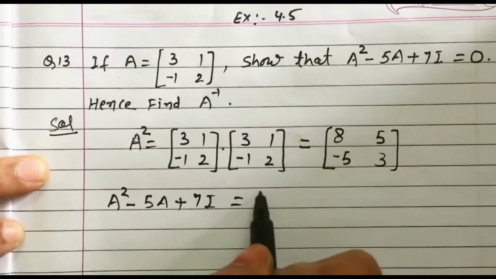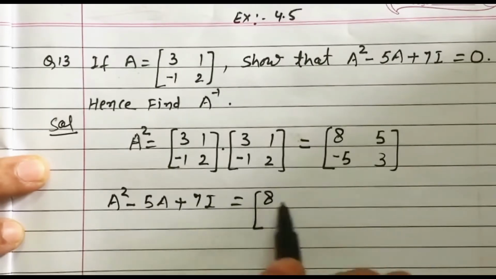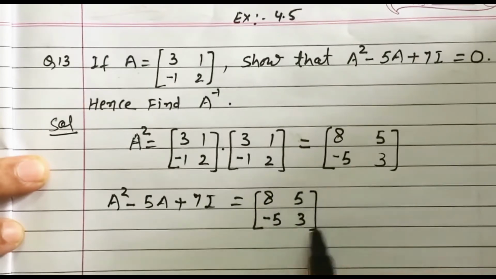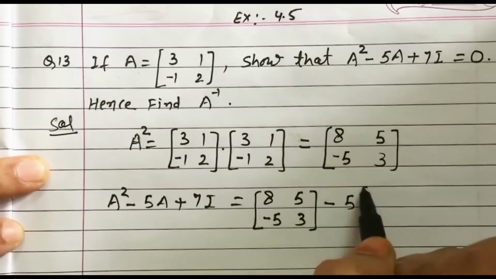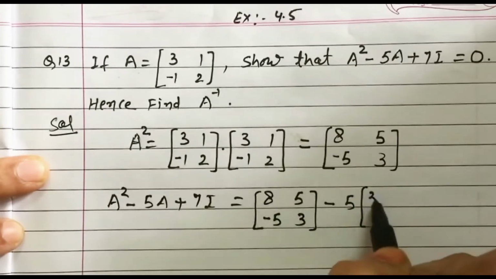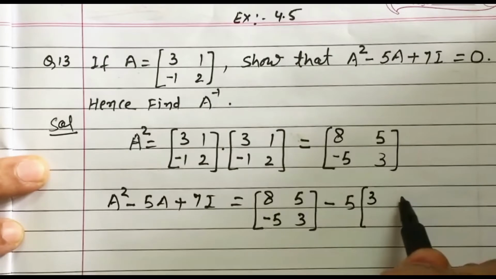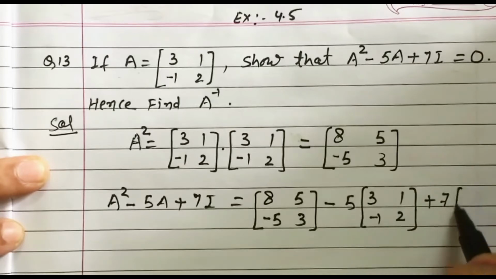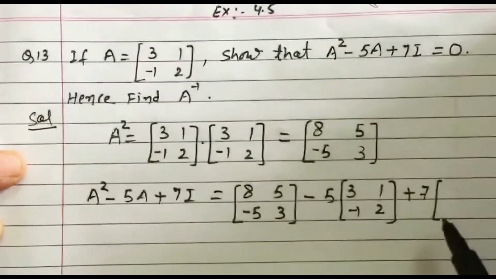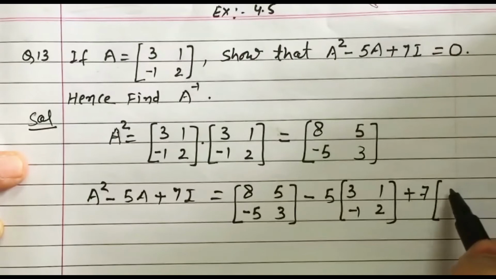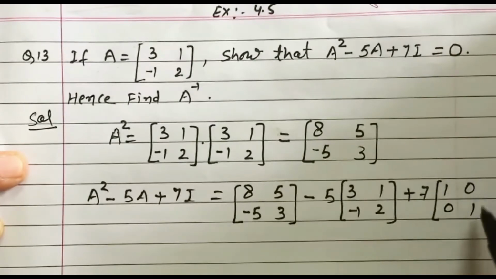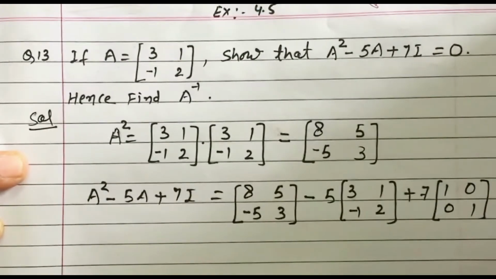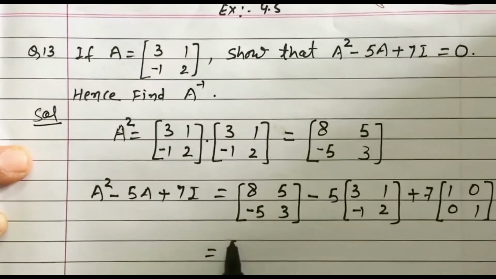Write the values of A square, minus 5 and A, which is 3, 1, minus 1 and 2, and then plus 7 I. I means identity matrix, so it is 1, 0, 0 and 1, 2 order. And then solve it, students.